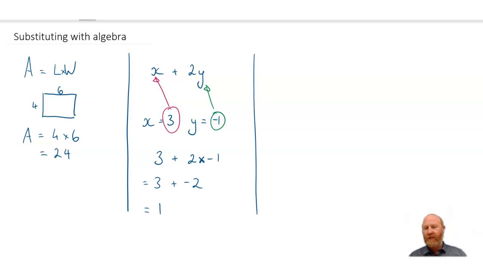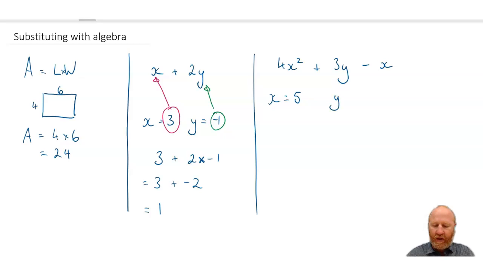Let's look at that with something just a little bit larger. If I had 4x squared plus 3y minus x, and I was told to work this out with x is equal to 5 and y is equal to minus 2.